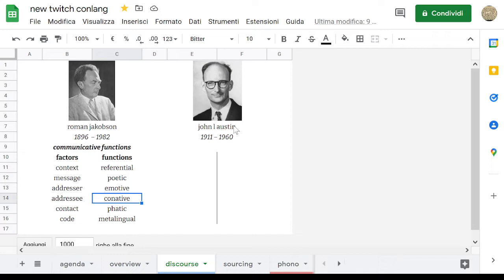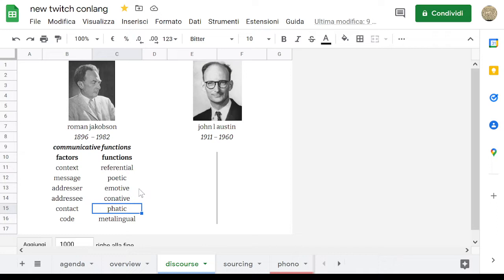The conative function is about the addressee. So when your language has a conative function, it is either just purely getting the listener's attention, or asking them to do something. So imperatives would fall under the conative function in Jakobson's model, because it's focused on the addressee, getting their attention, telling them to do something.